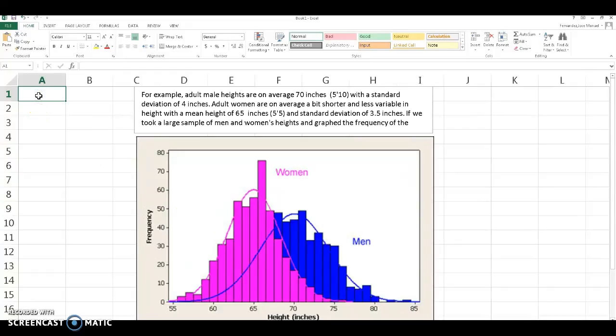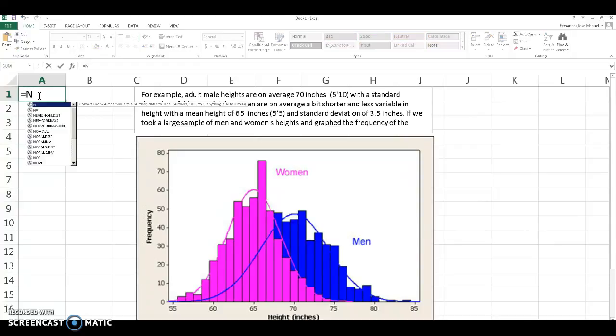I'm going to come over here into my first square in Excel, and I'm going to put in NORM.INV. What this function does is that if I provide it with a probability, a mean, and a standard deviation, it's going to give me the value that's at that probability.